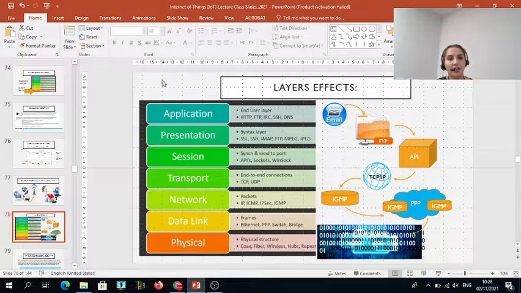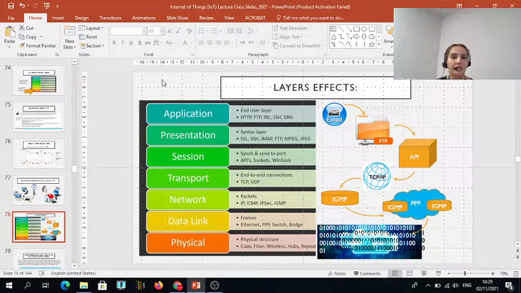Then we are looking at the network layer, which is going to be your expertise. We have packets, we have IGMPs, and a lot of other stuff that are attached to that packet that is created with only one email that you're sending.